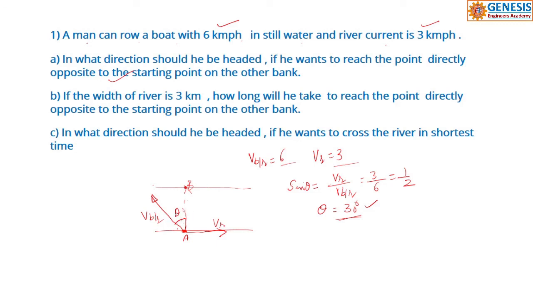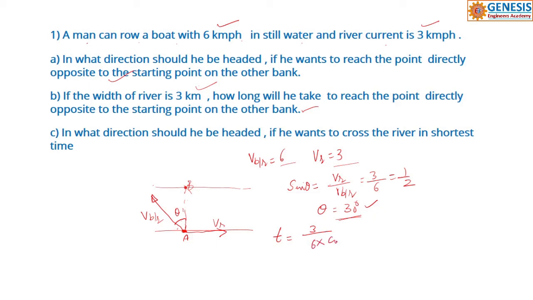If the width of the river is 3 kilometers, how long will he take to reach the point directly opposite to the starting point on the other bank? So he is asking about t, where d is equal to 3 kilometers and VBR is 6 and cos 30.